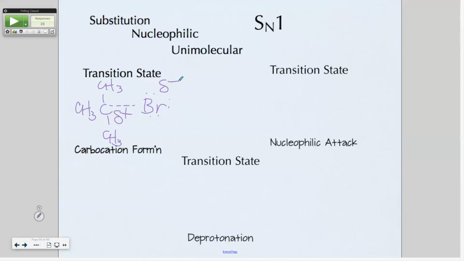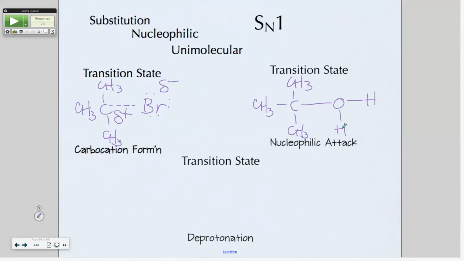Now what's happening in the next step? We have our carbocation, and what is water doing? It's adding to the carbocation. So what bond is forming?